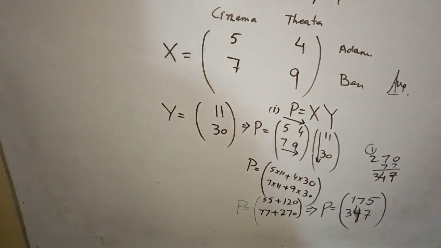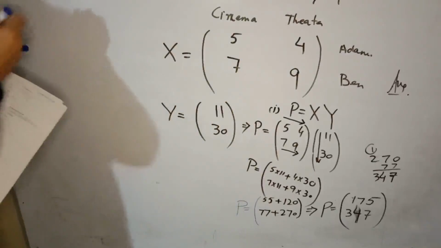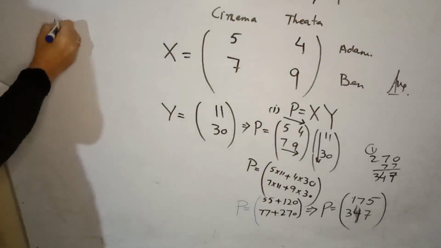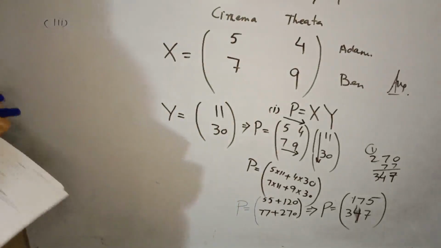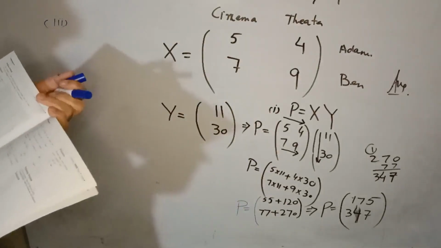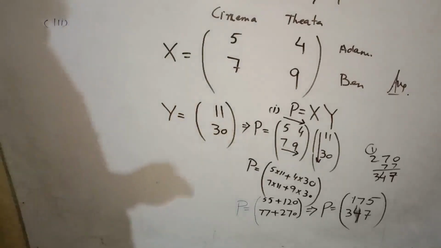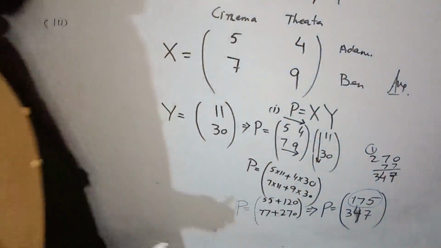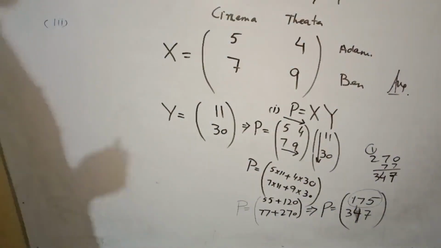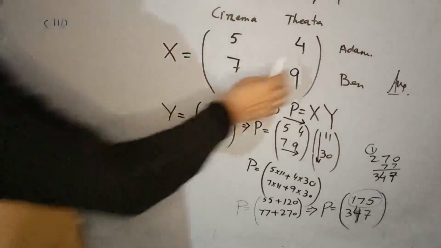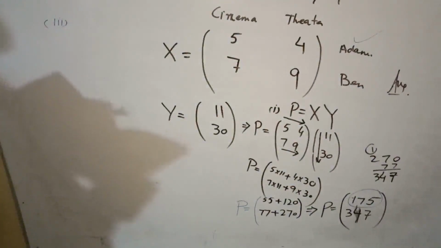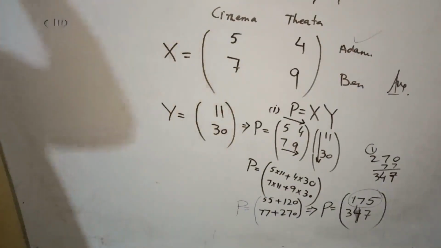The third part, I have already explained it, but again I do it for you. Explain what the elements in matrix P represent. In matrix P, the first element, 175, represents the amount spent by Adam, and 347 is the amount spent by Ben. So this is what you have to tell in the examination.